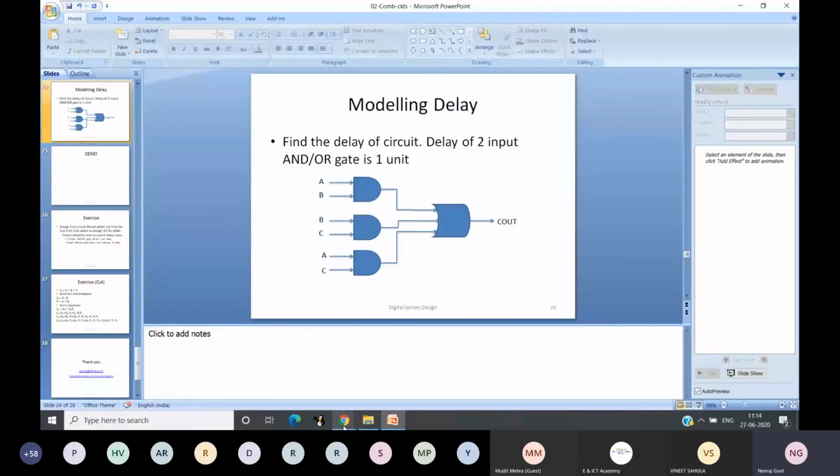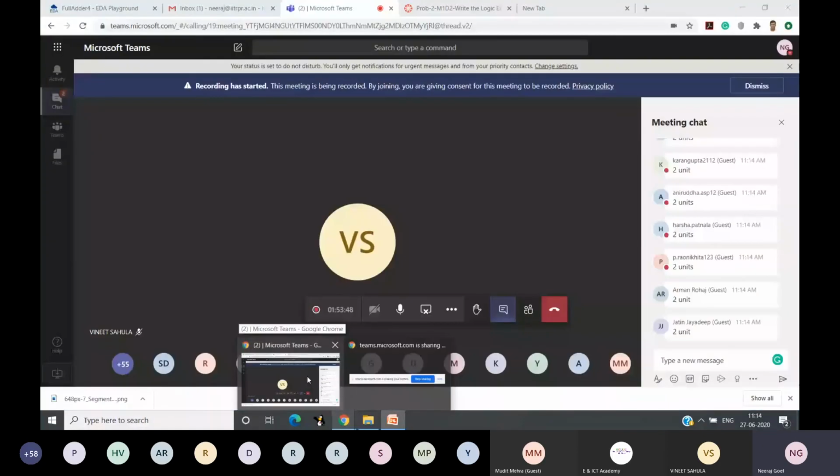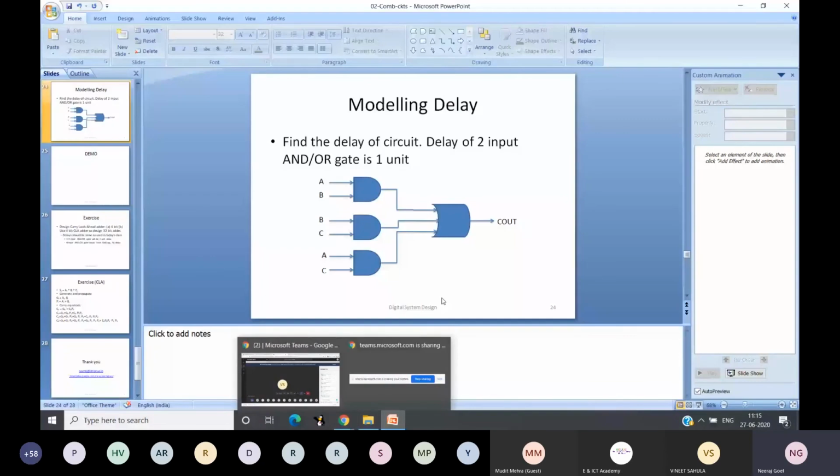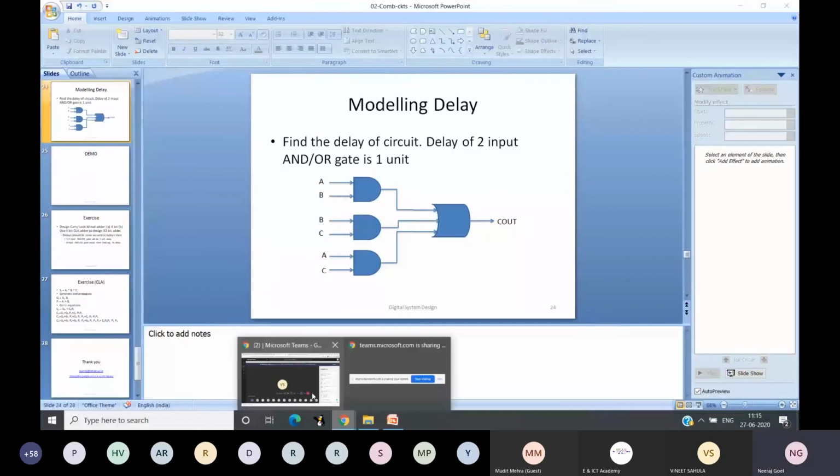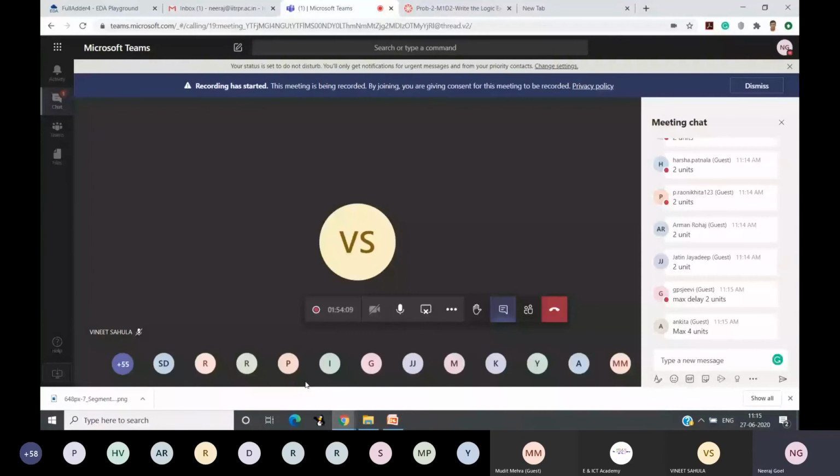No, it's not 2 units. Try to understand again. A 2 input AND gate has 1 unit of delay. What would be the delay of a 3 input AND gate or 3 input OR gate? Yes, maximum 4. Maximum 4, okay. I would like to see more answers.